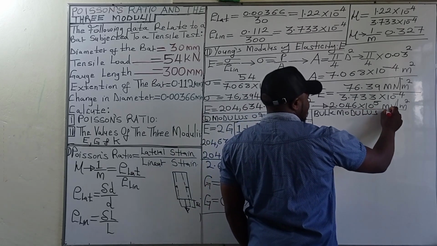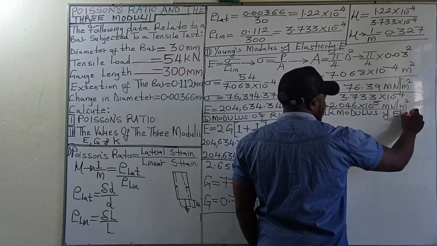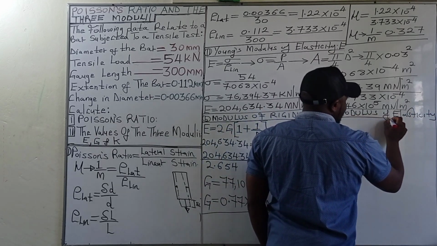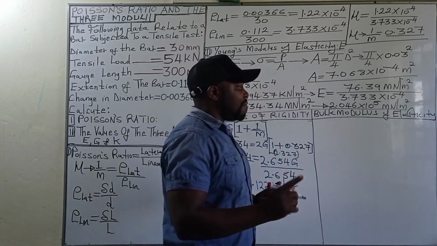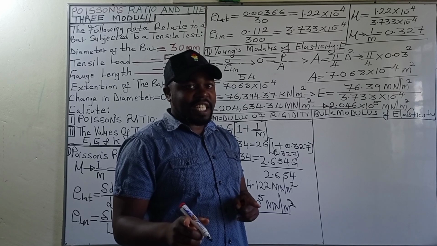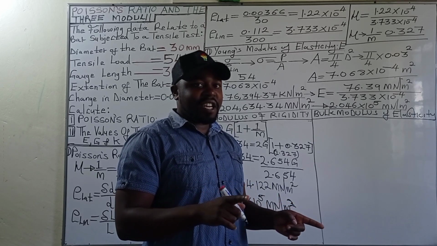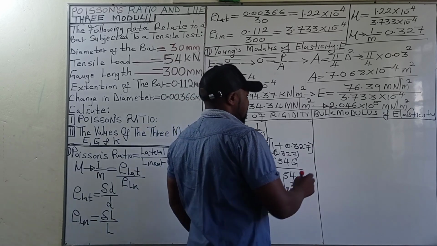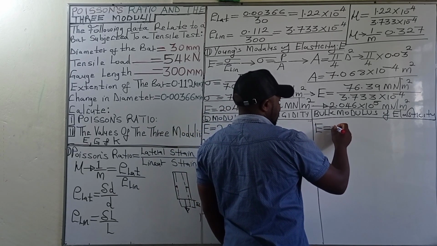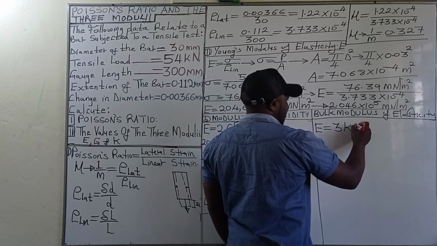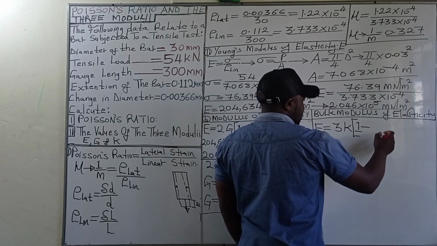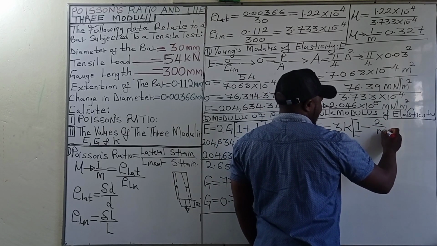The bulk modulus of elasticity. We are going to use the formula that gives us the relation between the Young's modulus of elasticity and the bulk modulus of elasticity. Their relation is usually that Young's modulus of elasticity is equal to 3 times the bulk modulus into 1 minus 2 over m.